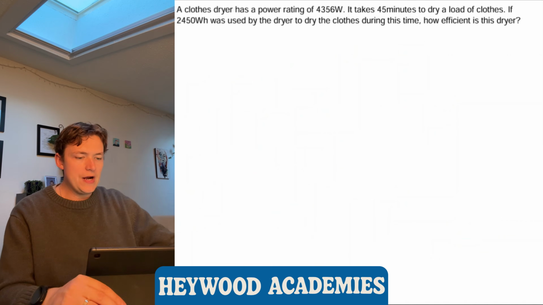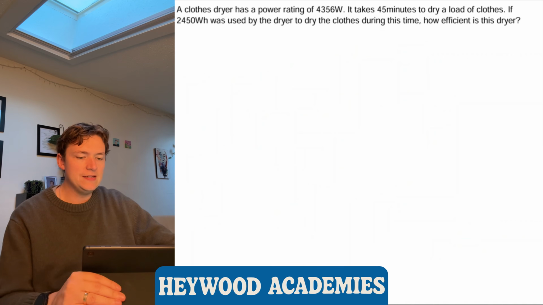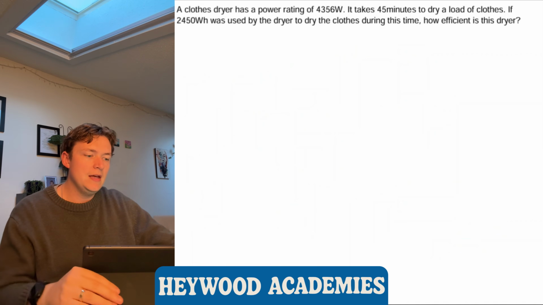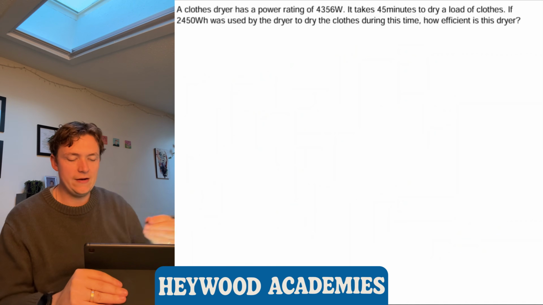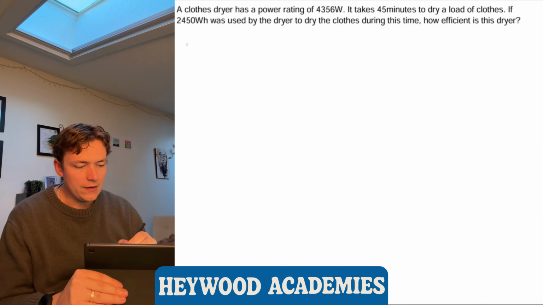For this one, we've got a dryer with a power rating, and they're given a time again, 45 minutes. If 2450 watt hours was used by the dryer to dry the clothes during this time, how efficient is the dryer? Okay, so similar setup as before. We've got our power in, which was that 4356 watts.